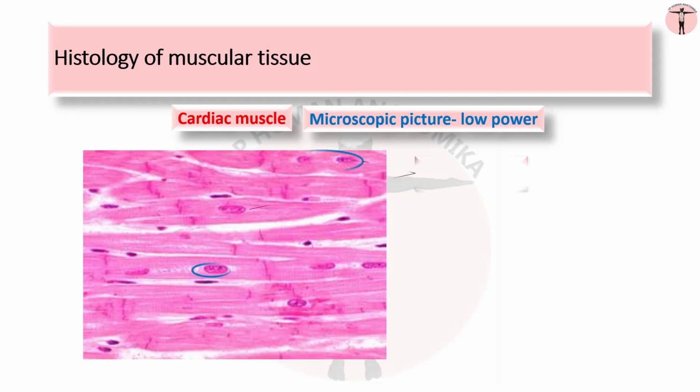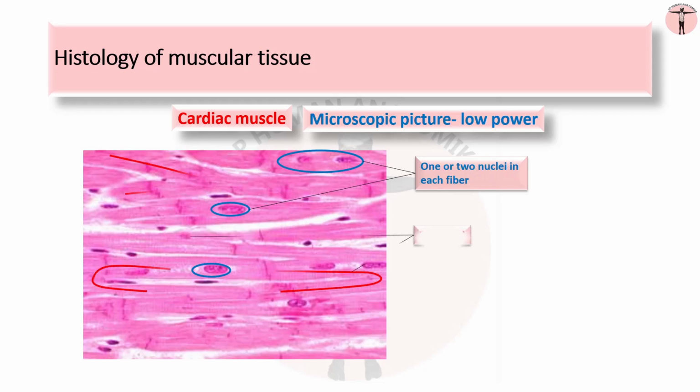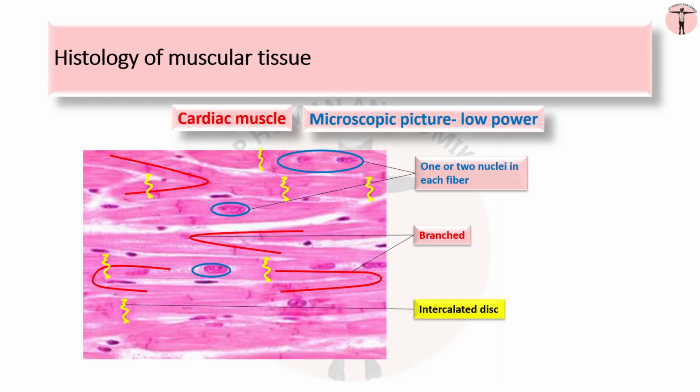Each cardiac muscle cell has only one or two centrally located pale staining nuclei, and there are branching cardiac muscle fibers. Between adjacent cardiac muscle fibers are the cell junctional complexes, that is, the intercalated discs. Surrounding the muscle cells is a delicate sheath of endomysium with a rich capillary network.